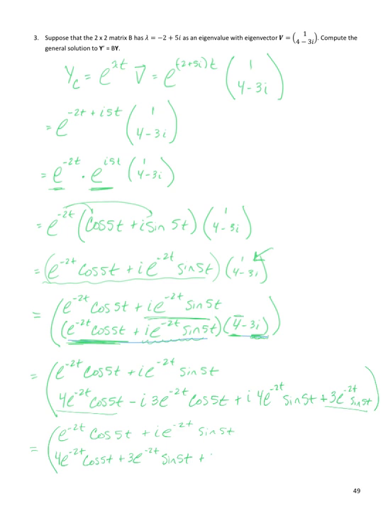Plus i, although I might factor out the i, I think I'll do that. 4e to the negative 2t sine 5t minus 3e to the negative 2t cosine 5t.